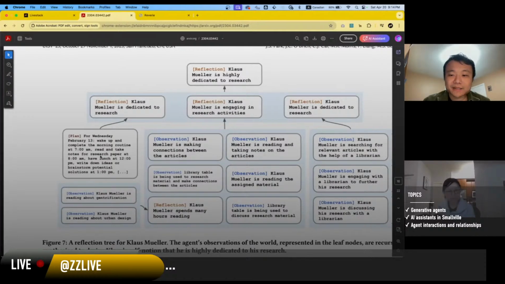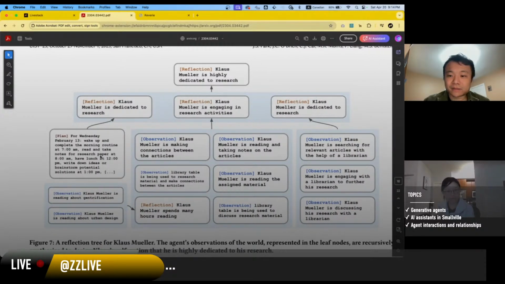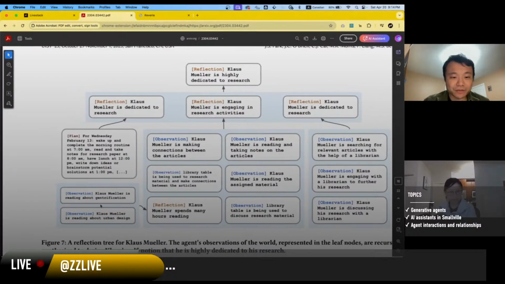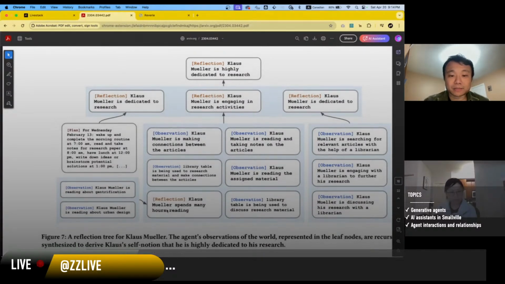All right. So you have the observation: Klaus Mueller is reading a book about gentrification. Klaus Mueller is reading about urban design, and then we have a reflection: Klaus Mueller spends many hours reading.